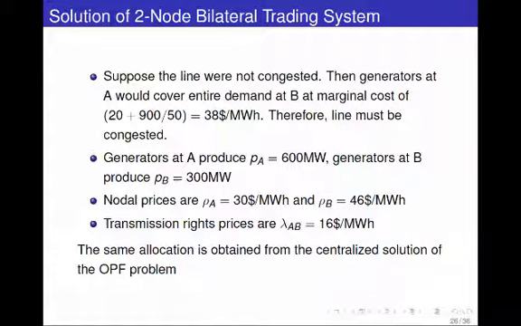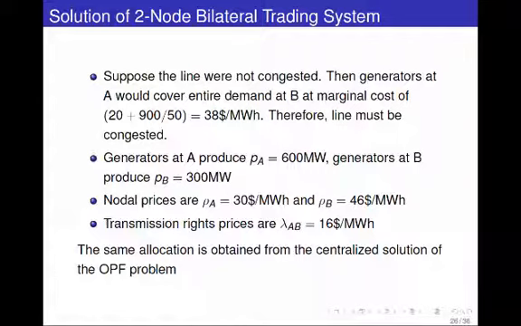Okay, the bottom line is that if you go through the analysis, what you're going to end up having is that generators at A will produce, first, they will max out their production, 600: 100 for the local demand, 500 that's been carried over the line. Then the rest, the cheapest of the generators in B will be activated and produce up to 300.